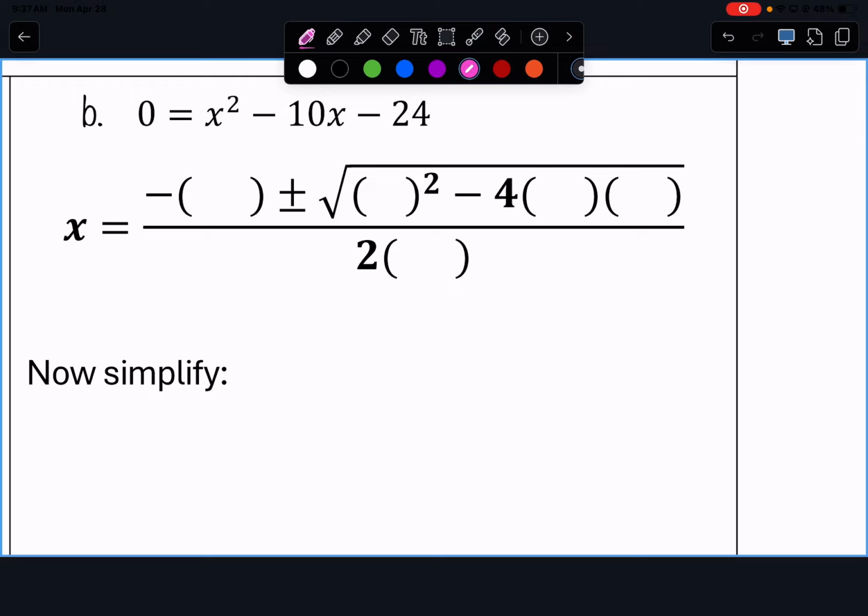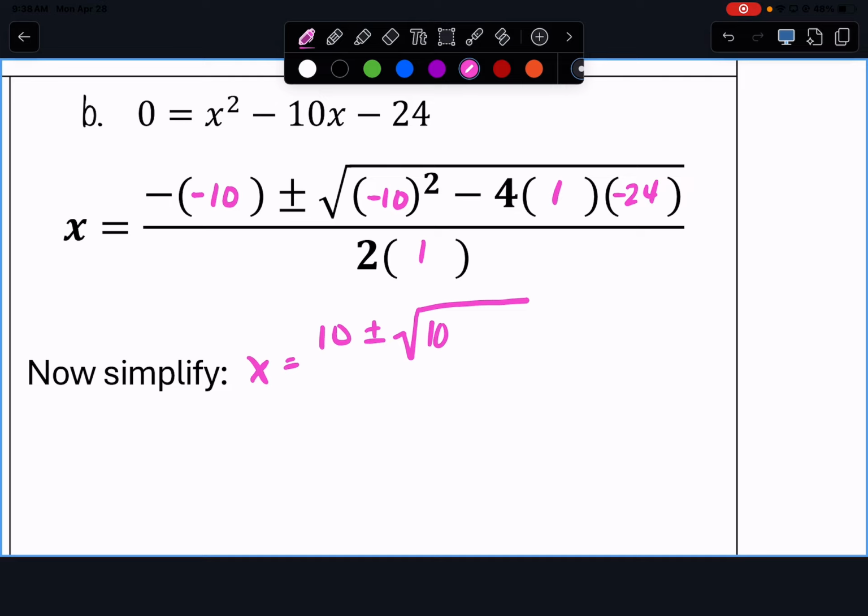All right. So for this one, we're going to plug in, what is b in this question? Negative 10. So I'm going to plug in negative 10 squared minus 4 times 1 times, all over 2 times 1. So a negative and a negative make x equals positive 10 plus or minus the square root of, what is negative 10 squared?